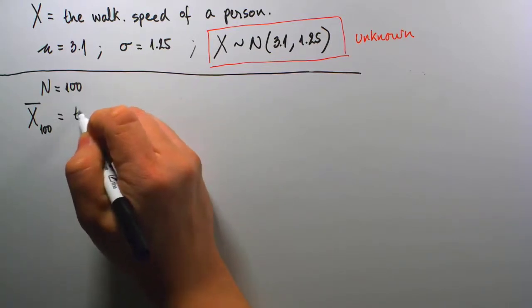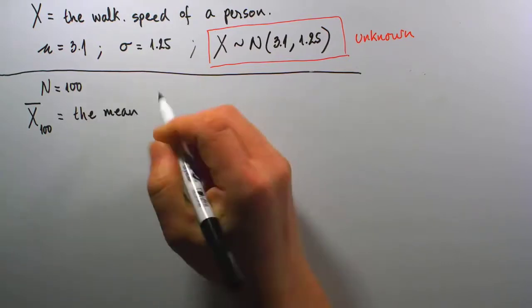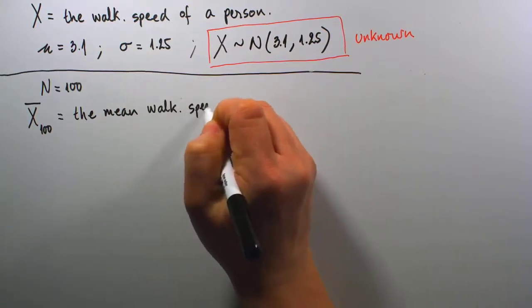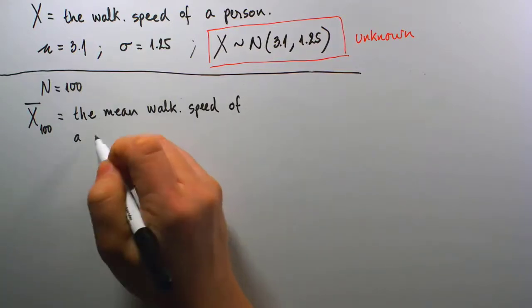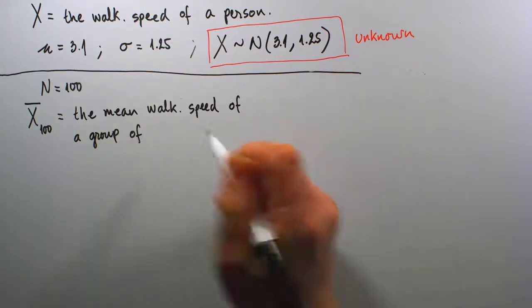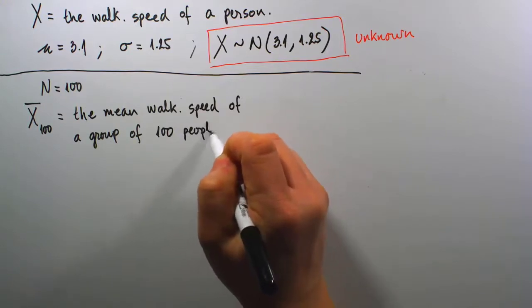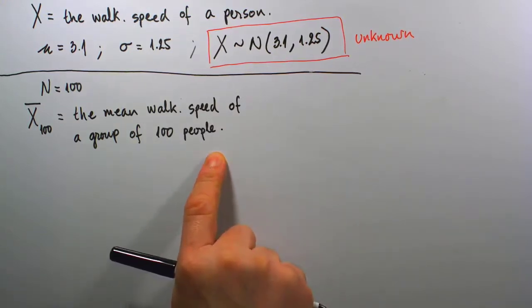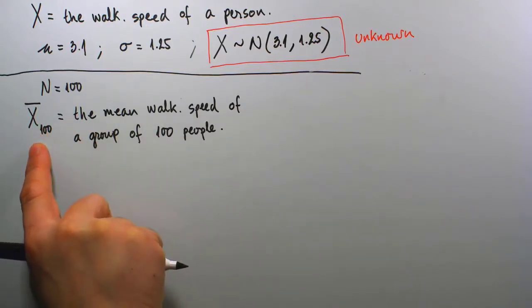It represents the mean walking speed of a group of 100 people.